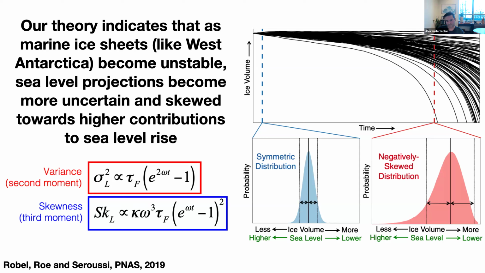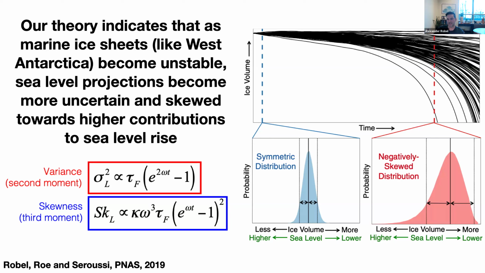And what we find is two things. If you have a glacier which is going through this marine ice sheet instability, right? It transitions from being stable to being unstable, and it starts retreating rapidly as a response to that. The variance in possible states of the system in response to chaotic climate variability increases exponentially as the system is retreating in this unstable mode.